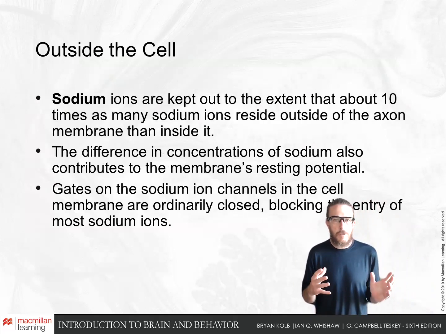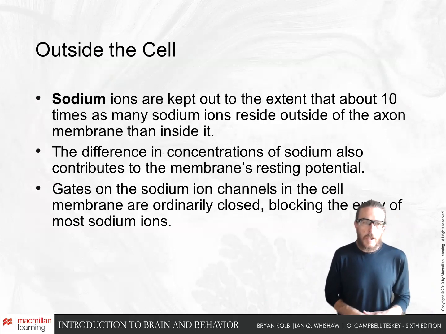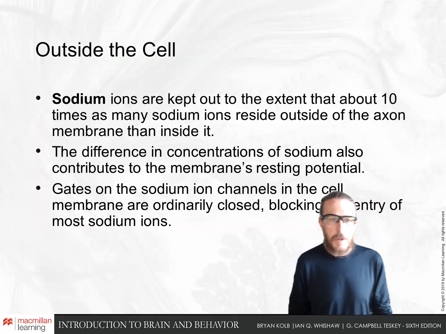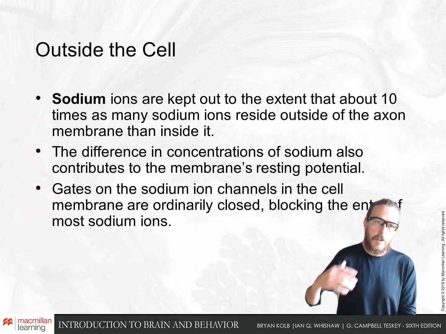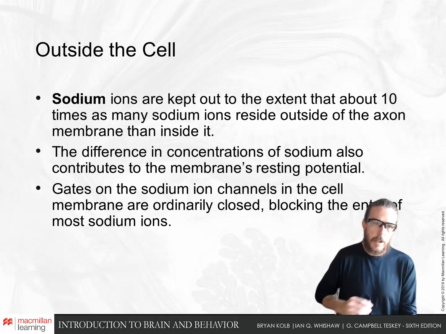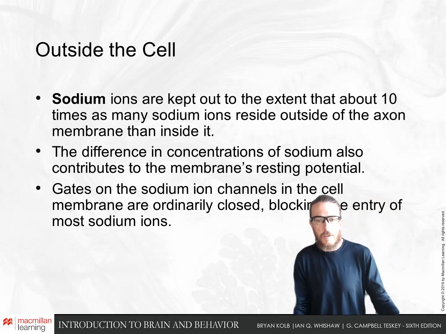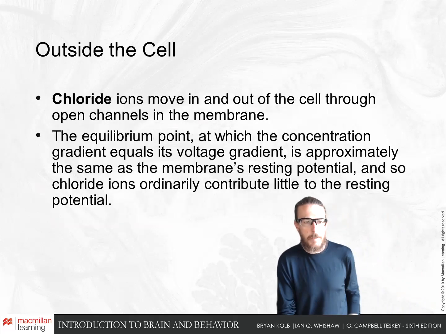Sodium ions are much more plentiful outside, about 10 times as many outside than inside. And so sodium wants to come into the cell, and this contributes to the increase in positivity outside compared to inside. But mostly sodium can't come in because these gates are always blocking it until they open up.